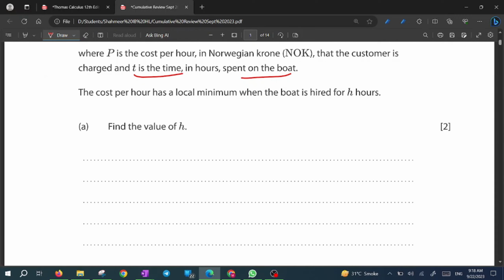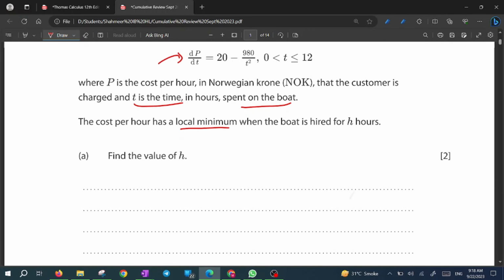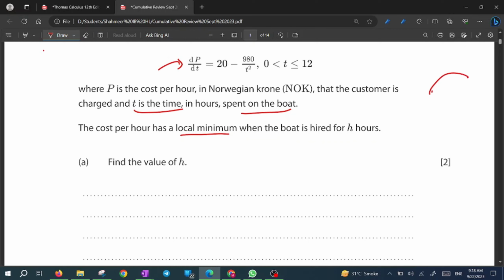So the cost per hour has a local minimum, and we know that at a local maximum and a local minimum, the slope of the tangent line is 0. In other words, the derivative is 0.